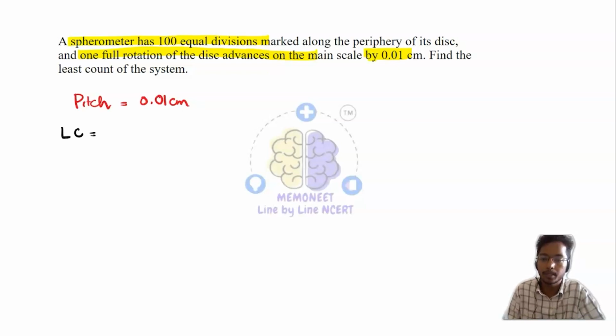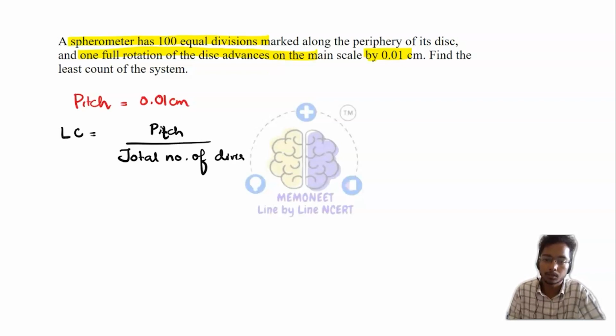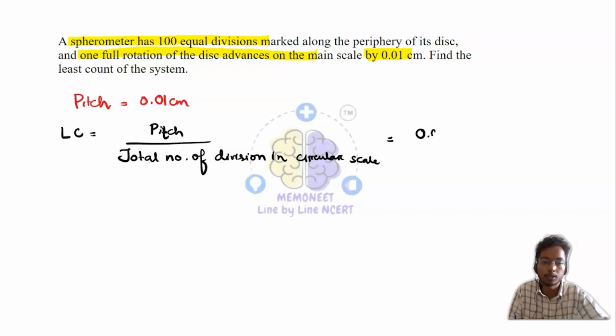That is pitch upon total number of divisions on the circular scale. So this will be equal to 0.01 upon 100, that is equal to 1 into 10 to the power minus 4 centimeter. So this will be our least count.